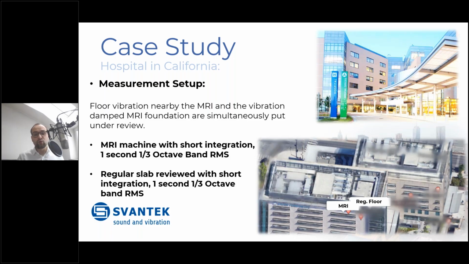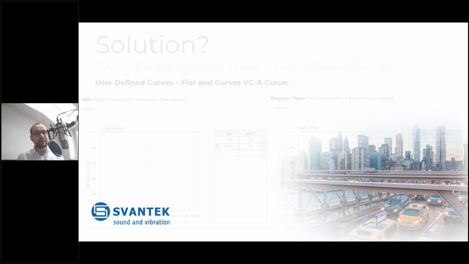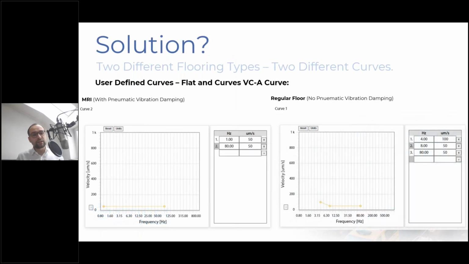Now that indicated that we needed to look at short integration periods and look at the third octave band RMS. However, keeping in mind the previously discussed requirement when we have pneumatic and non-pneumatic vibration dampers, we had to define two different curves to be able to successfully measure this.